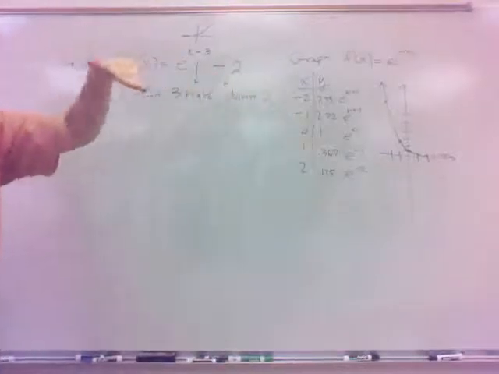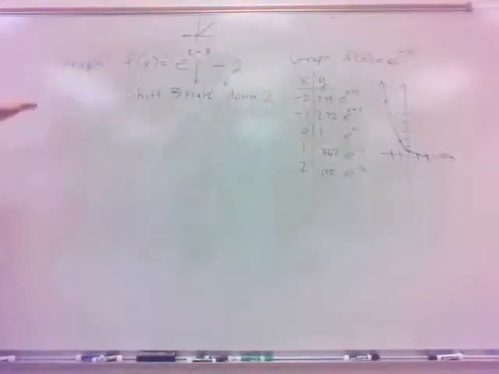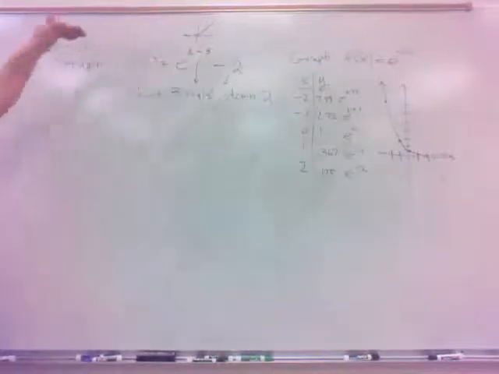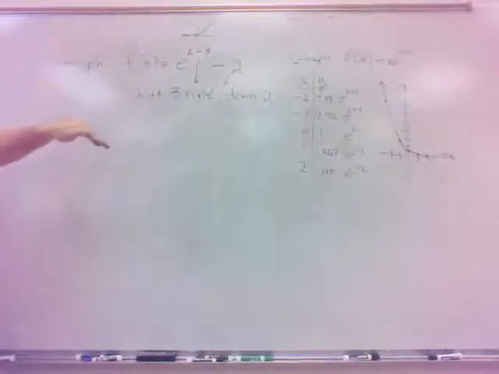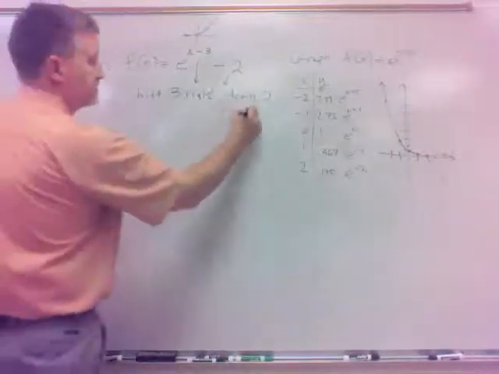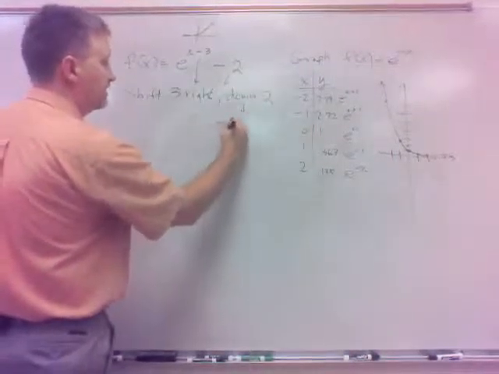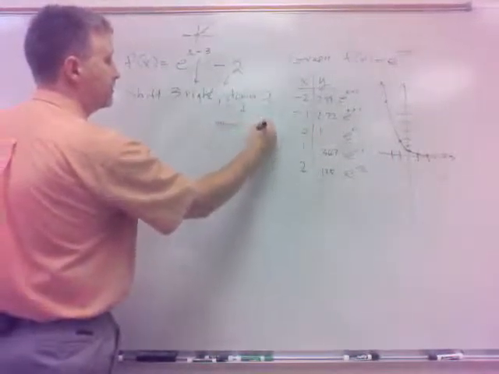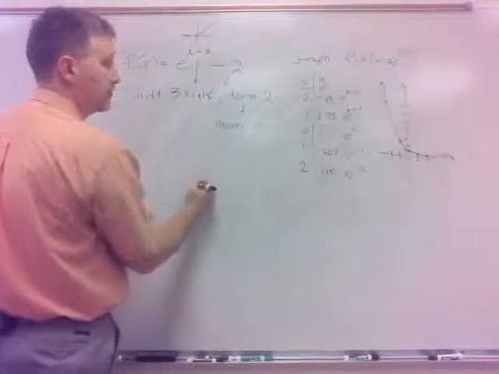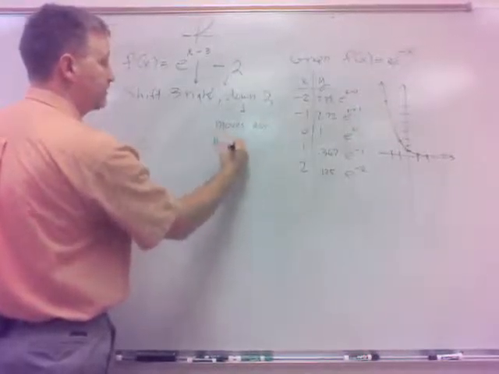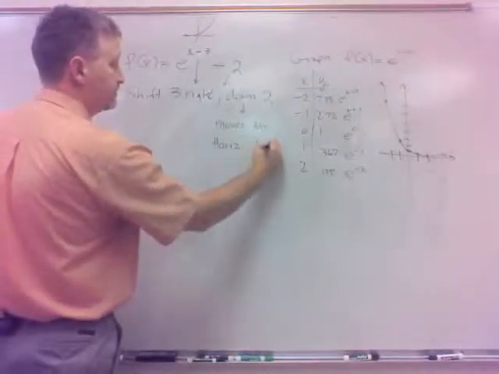Well, if I move it down 2, what is that going to affect over here on the graph? Isn't that going to take the asymptote down 2? Yeah, so this moves the asymptote down 2, well, all the other points, but in particular it moves the horizontal asymptote to negative 2.